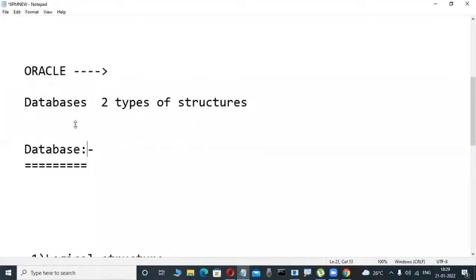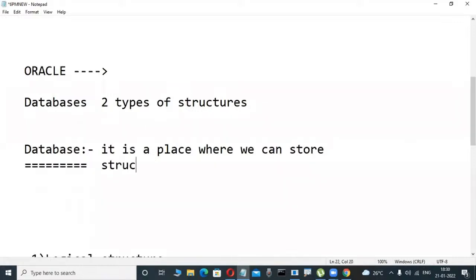Anybody observing in Google or in books will see: it is a place where we can store, in a computer system, a structured collection of data. They tell only that. What is data, what is information, what is DBMS, that is later.